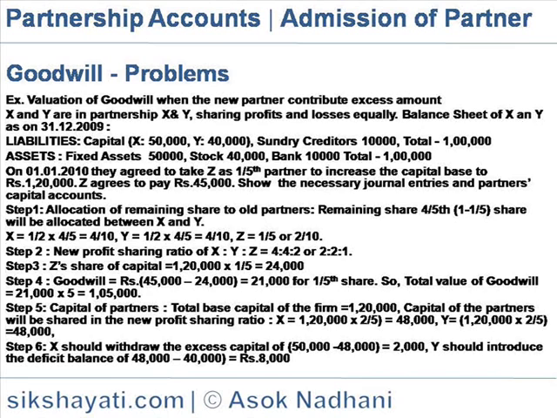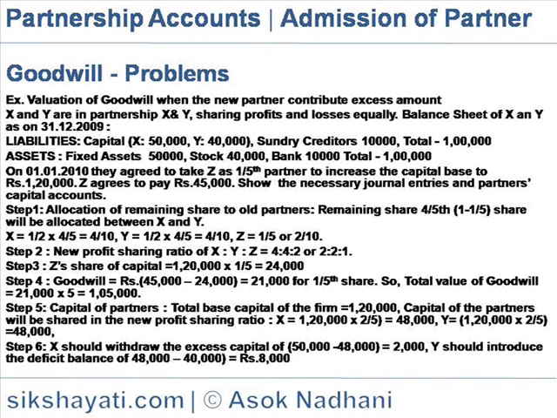Step 2. We get the new profit sharing ratio of X : Y : Z as 4 : 4 : 2, or 2 : 2 : 1. Step 3. Z's share of capital would be 1,20,000 into 1/5, because he gets a 1/5 share, which is equal to 24,000. Step 4.